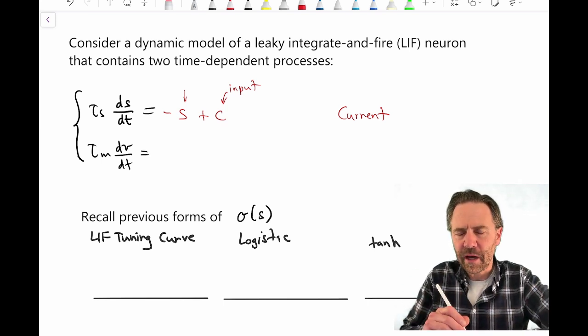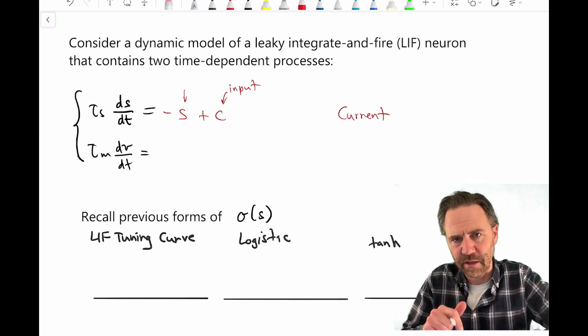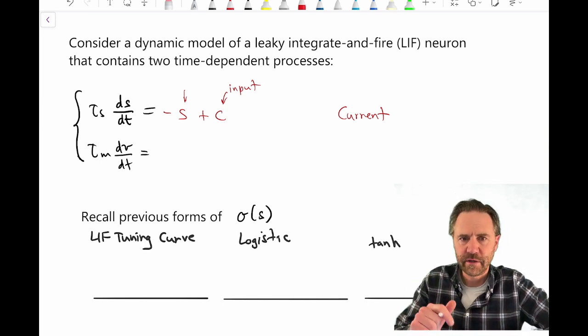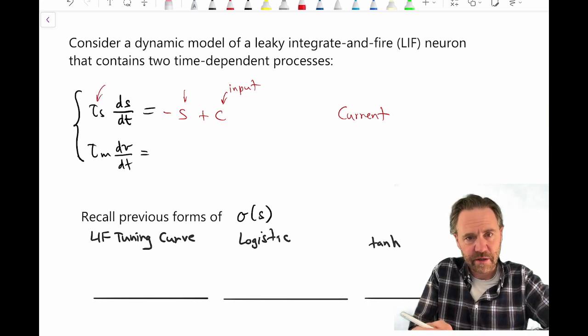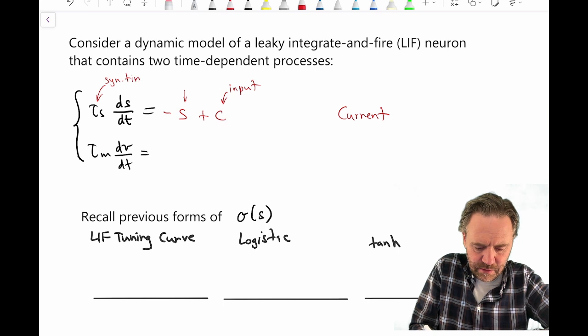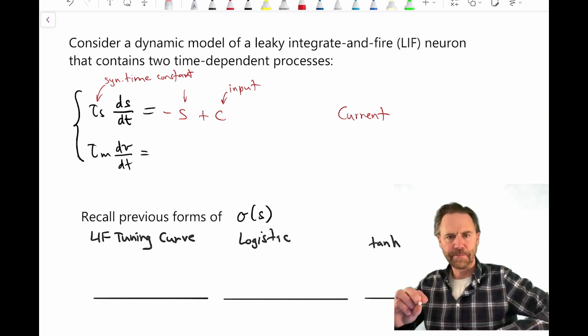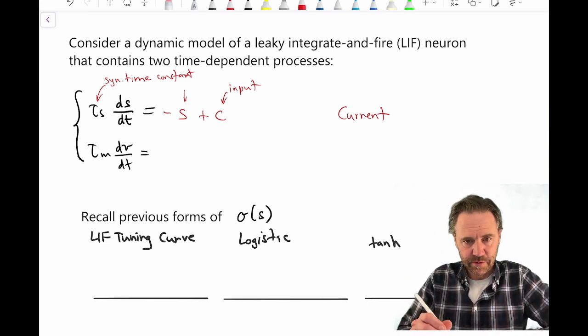But we'll talk about how the equilibrium solution, how that decay term and the input current go together. Then finally, here's our good friend, the time constant, or in this case, the synaptic time constant. Okay, now that's the input current, which has that dynamic process.